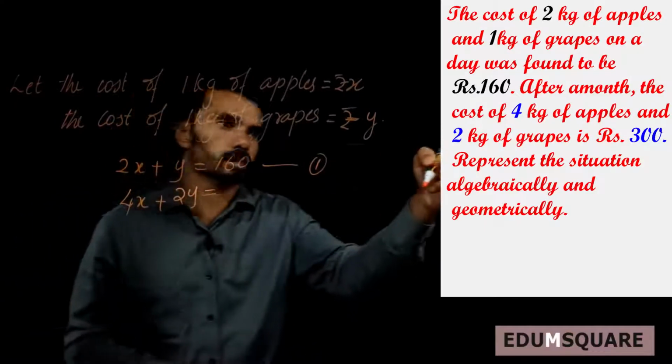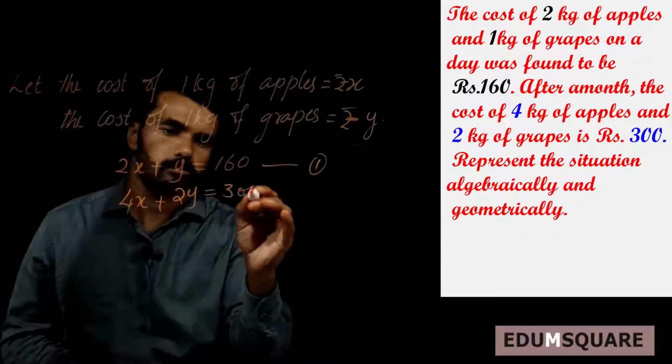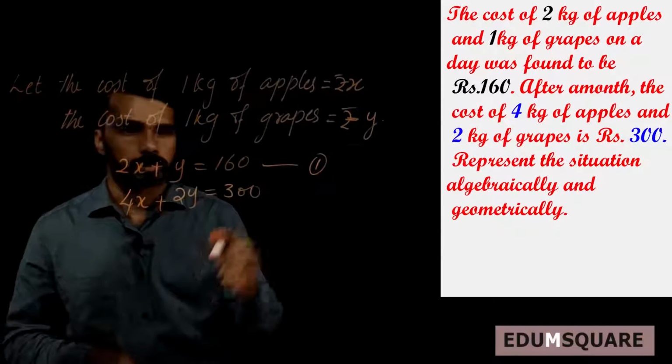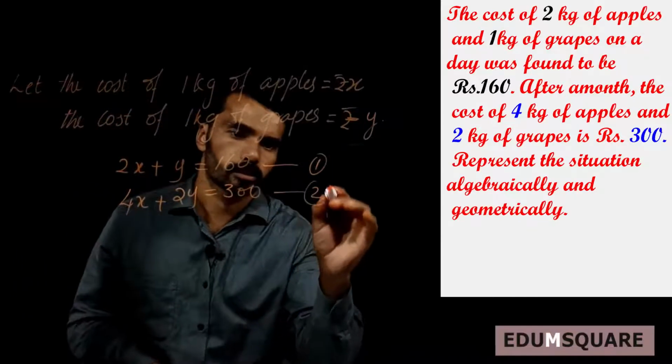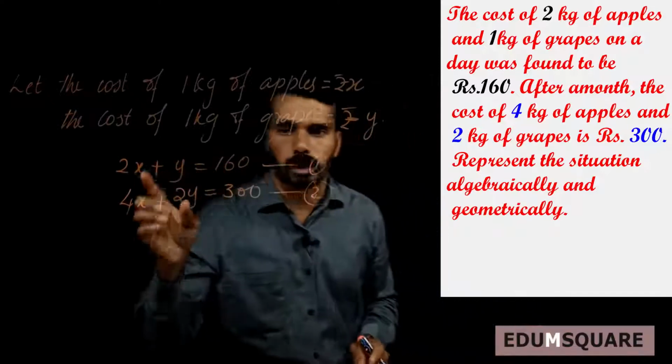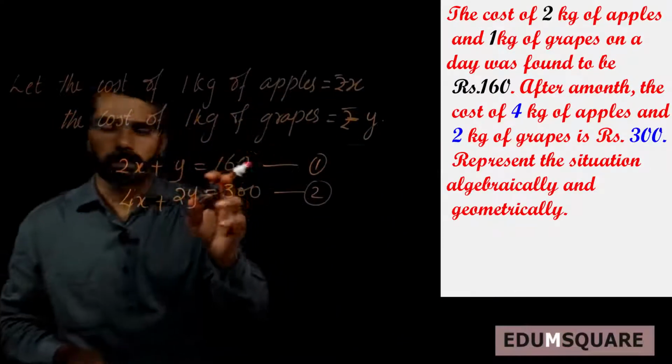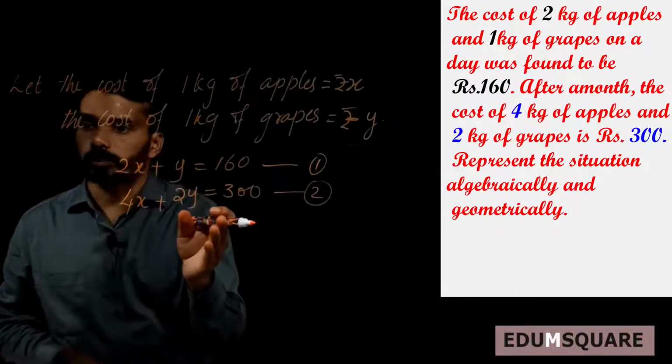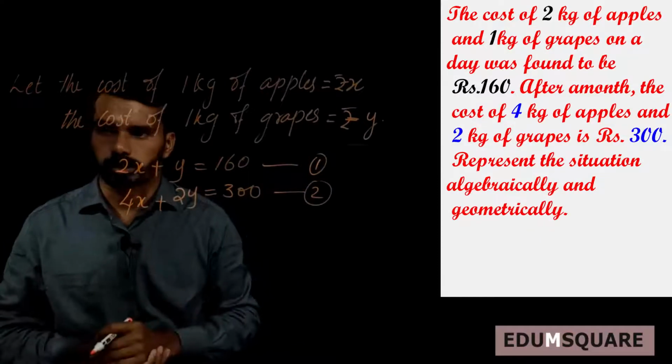Its total amount is given there, 300 rupees. This is the second equation. So this pair of linear equations represents the algebraic form of this situation.